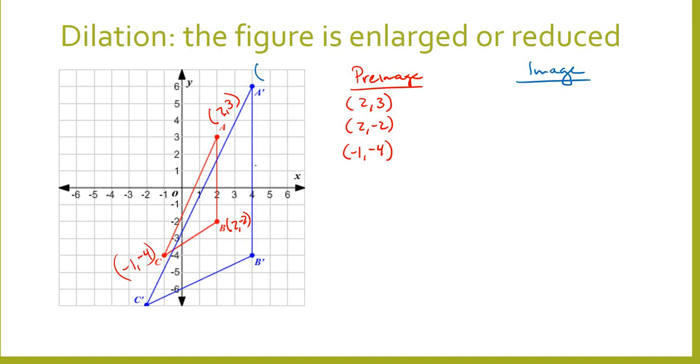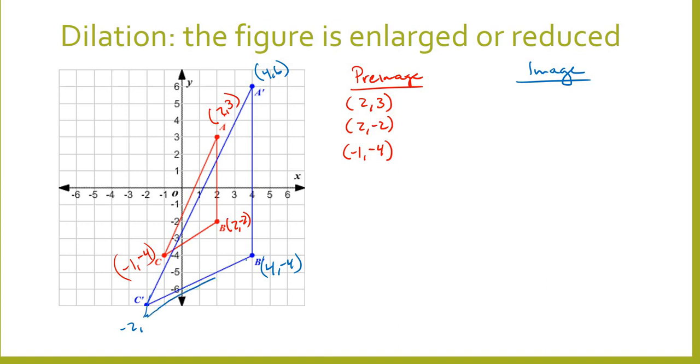Okay, so we should have now 4, 6, 4, -4, and -2. This is off. 6, 7, -1, -4. This should have been at -8.